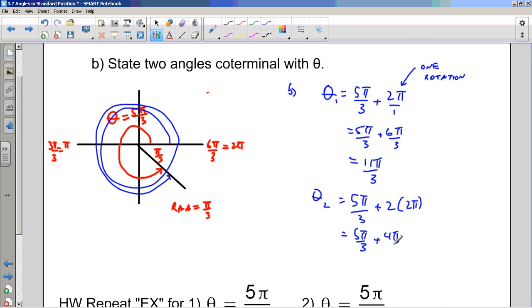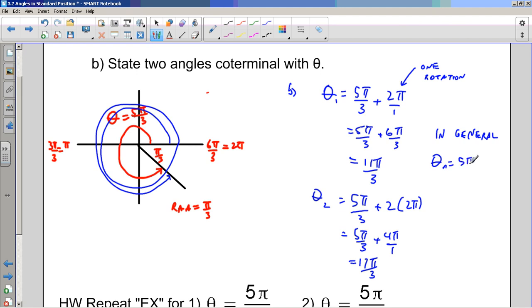And common denominator again. Or I could think here, all I'm doing is adding another 6 pi. I get 17 pi over 3. And in fact, in general, what I could do, I could keep going. I could go any number of spins. So in general, I wasn't asked to do this. This is kind of bonus learning now.